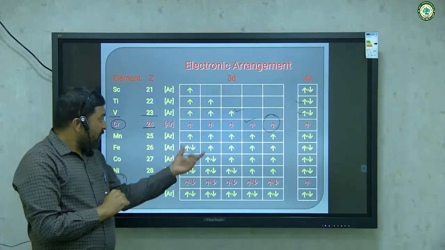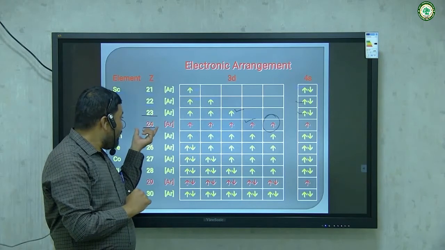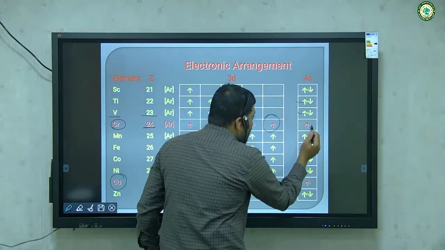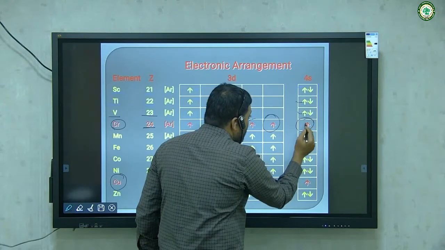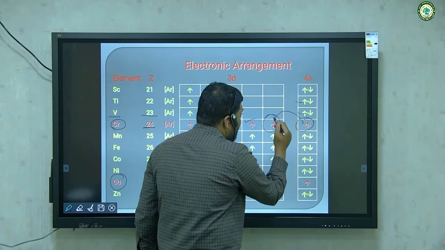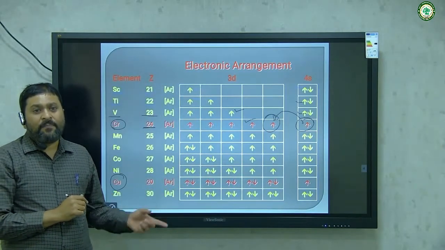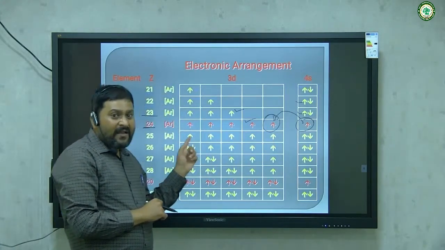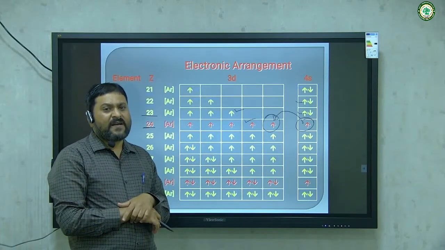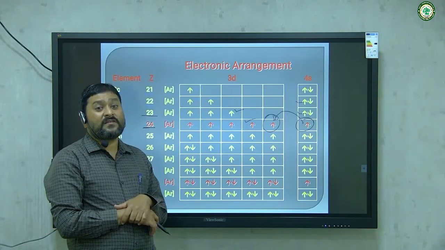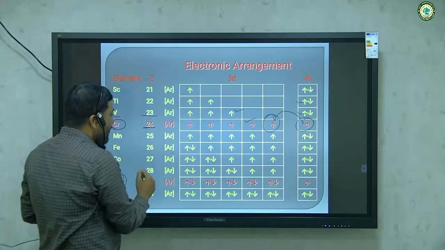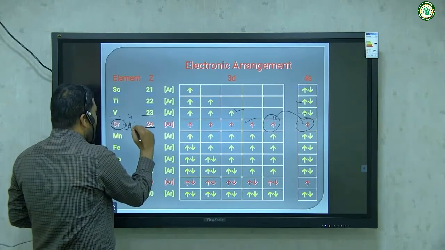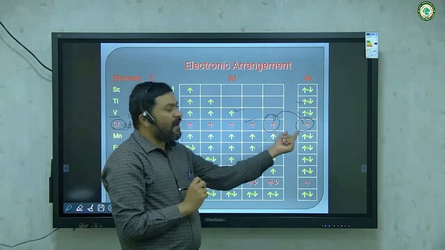Out of the 2 electrons of 4s, 1 electron jumps, meaning one electron of the paired 4s subshell jumps into the empty 3d subshell. Expected in case of chromium is 3d4 4s2, but observed is 3d5 4s1.